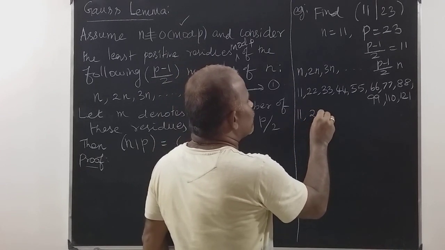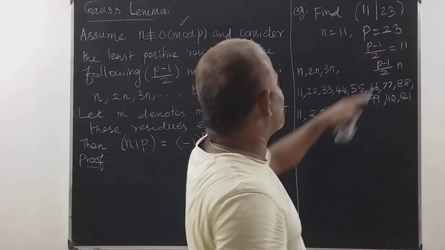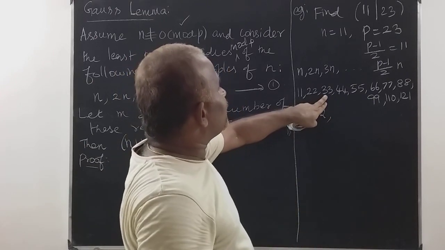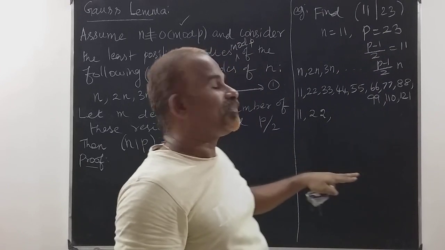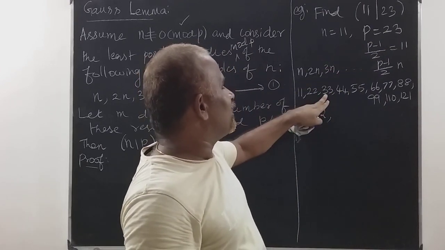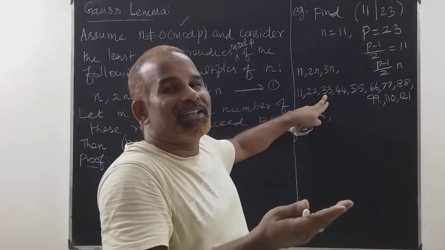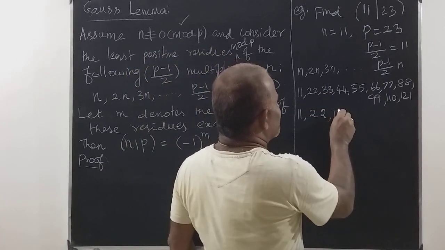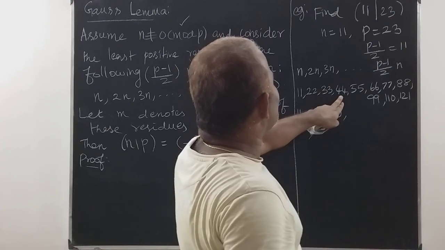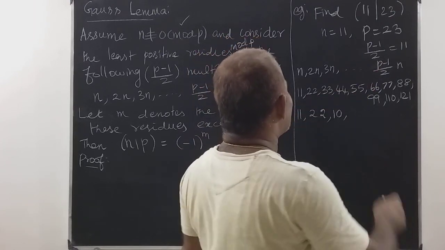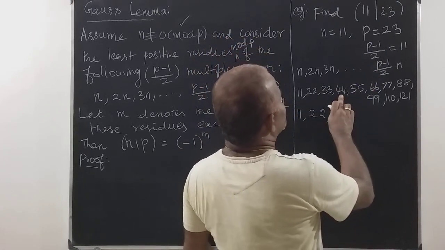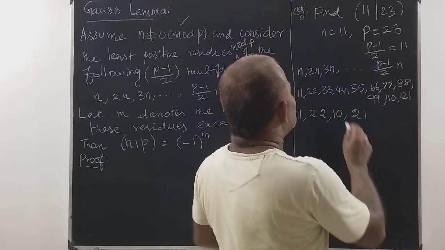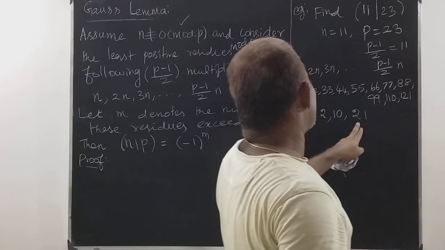Any number less than 23 we can take as it is. For 33 divided by 23, the remainder is 10. Similarly, 44 divided by 23, the remainder is 21, because 44 minus 23 is 21.